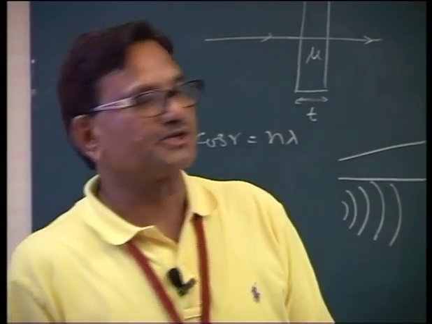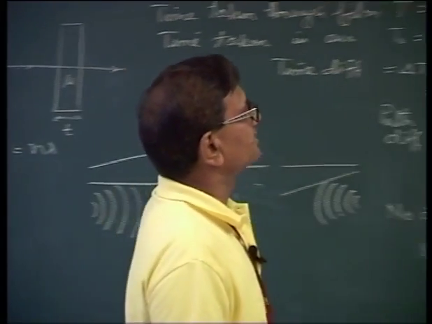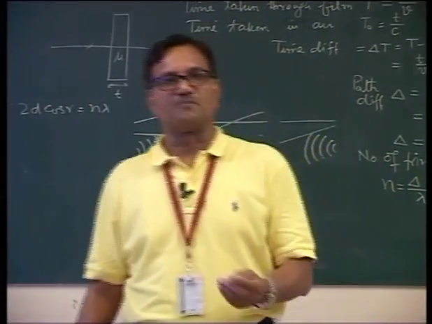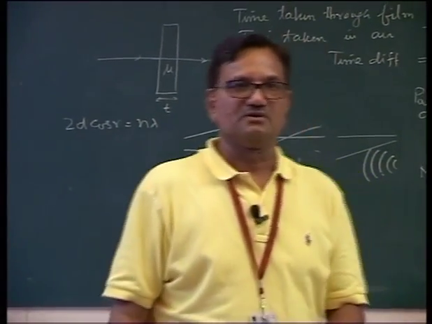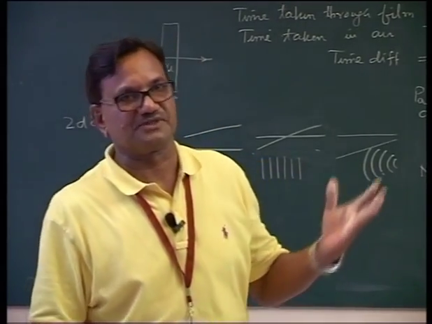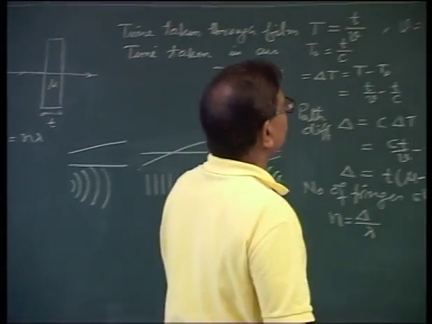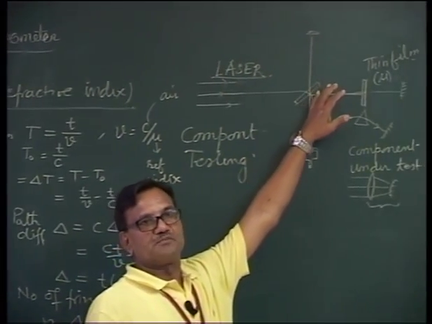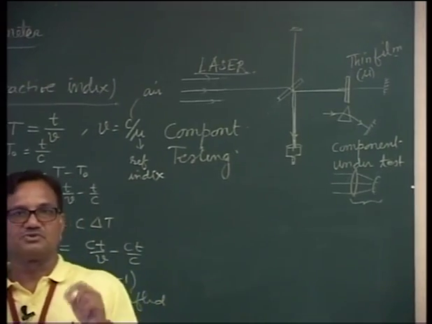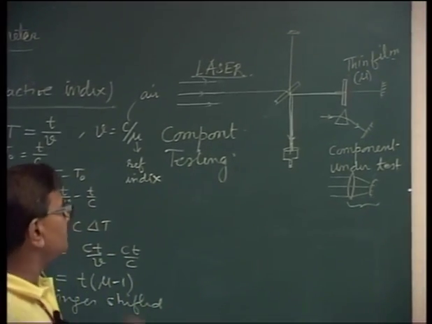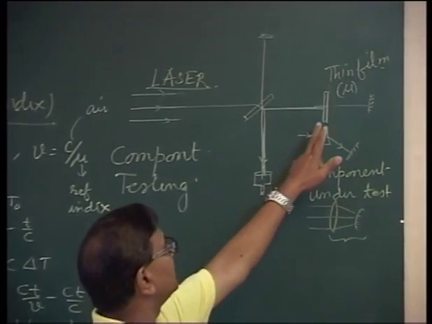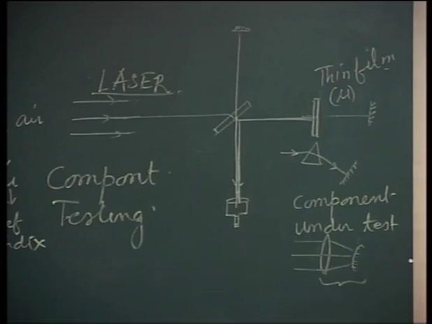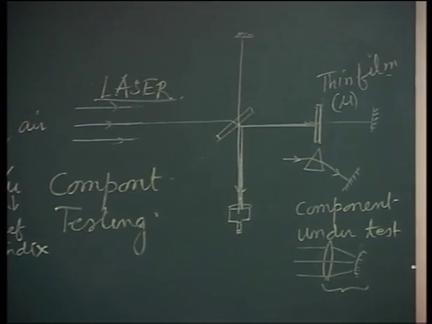The most important application of the Michelson interferometer in optical technology is to test optical devices. Almost all devices can be tested with this setup. Of course, we use a laser as the source and all optical components compatible with that laser. Suppose we want to test whether a plate is optically plane or not, then we put this plate in the path of the Michelson interferometer.